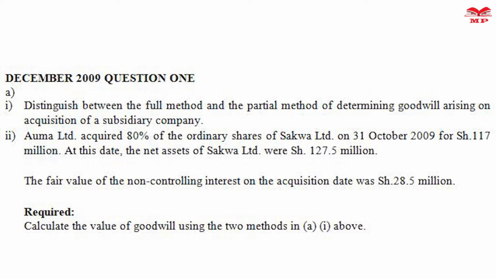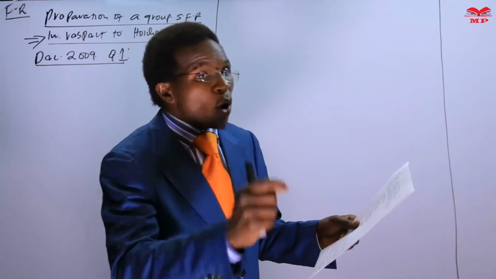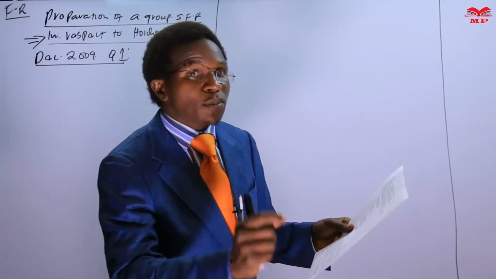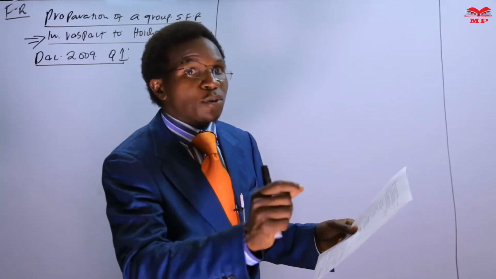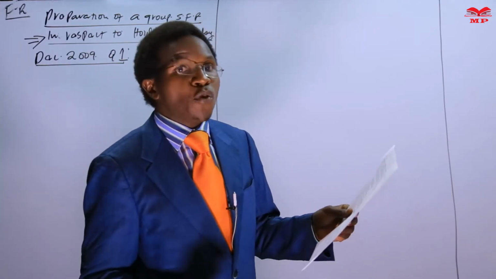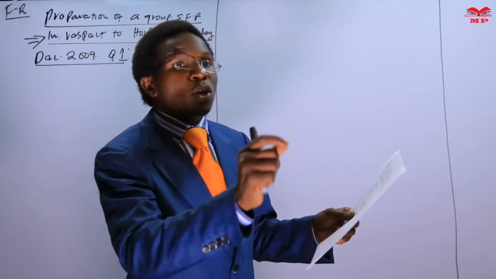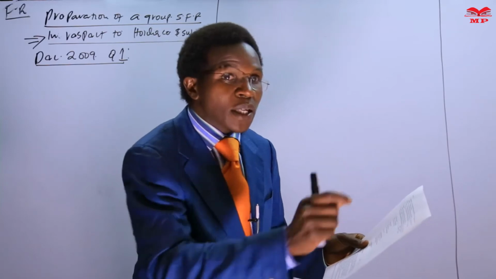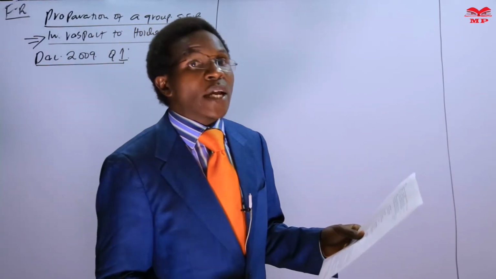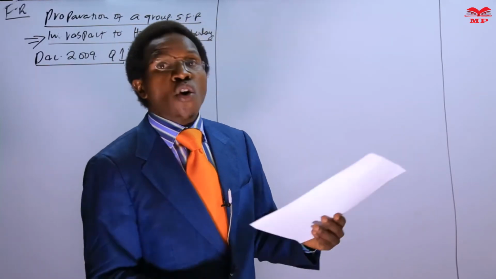Required: calculate the value of goodwill using the two methods in A Roman 1 above. Partial method is where we determine goodwill attributable to the holding company only, while the full method also includes goodwill attributable to NCI.